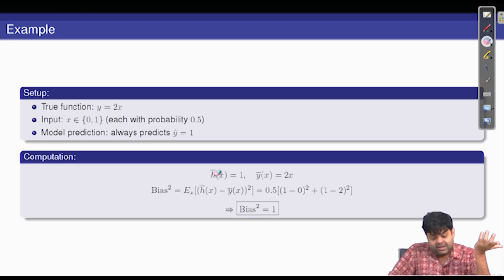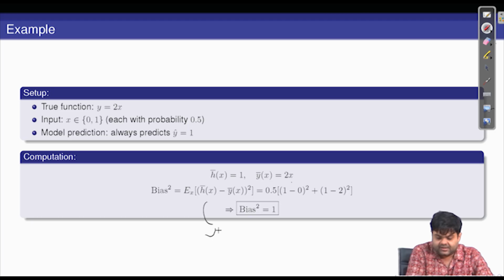So, bias will be the predicted value minus the average actual expected value of y, and then its expectation over x. Now, x can take values 0 and 1. If x is 0, h bar is 1 because it is always 1, but y bar will be 0. This is squared, times probability half.